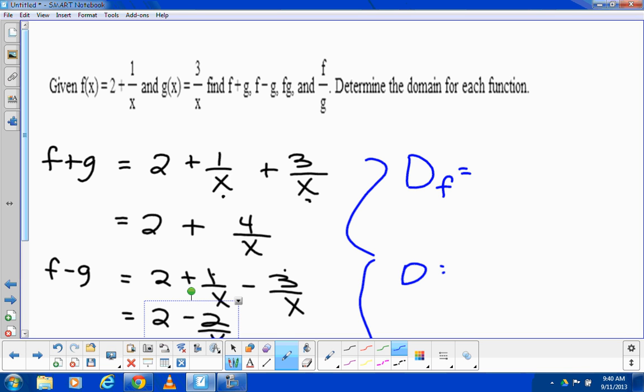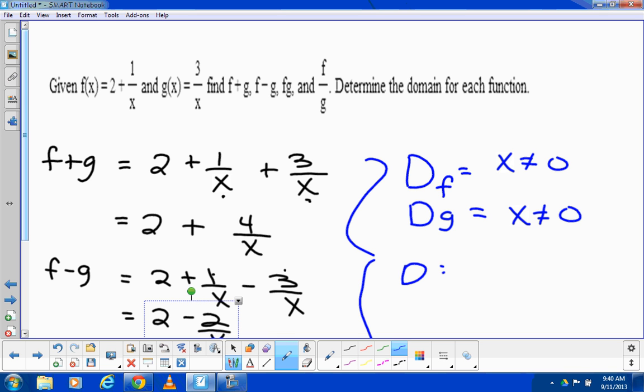X cannot be 0. I'm not going to put it in set notation because it's not my final answer. Now, the domain of G would be the same thing. X cannot equal 0.